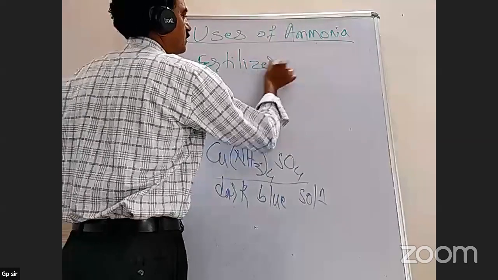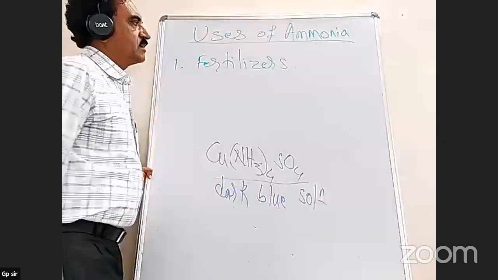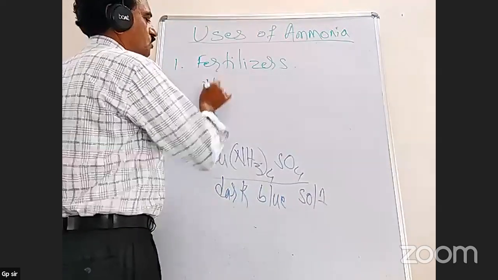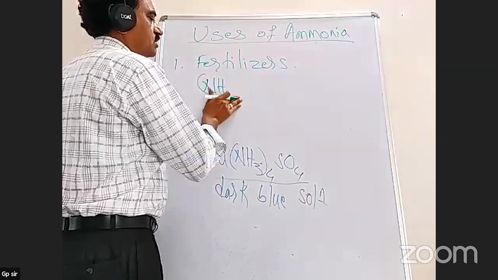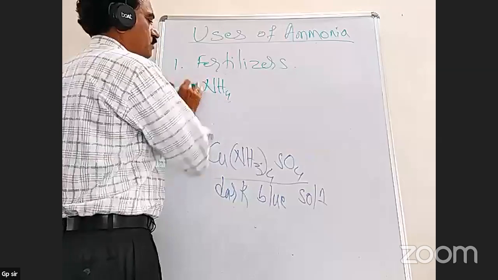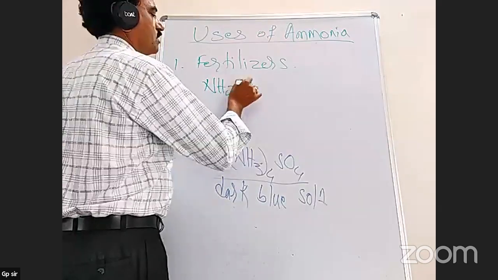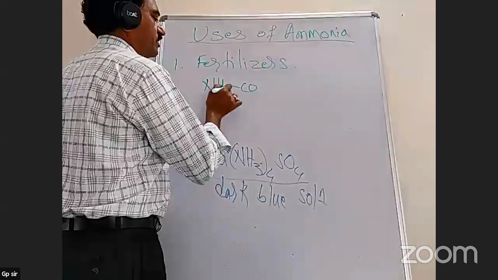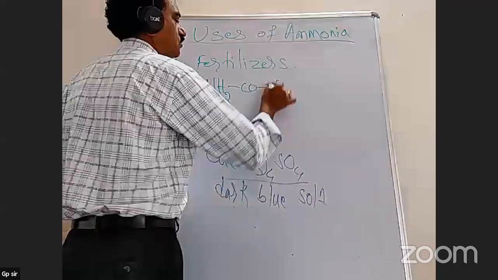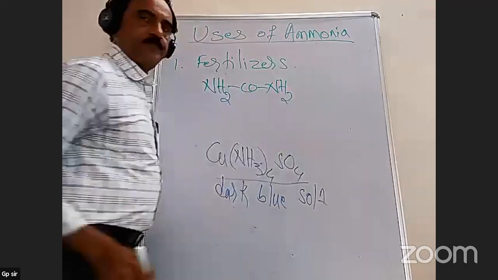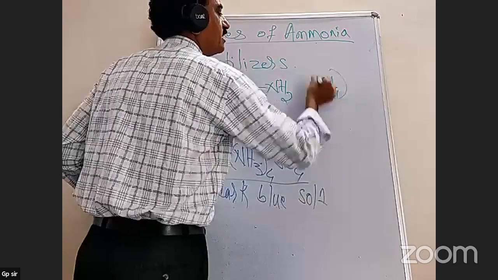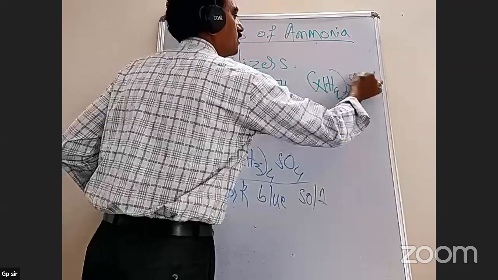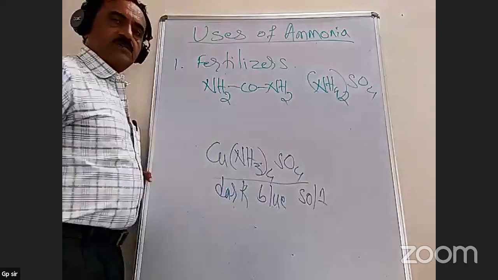The fertilizers include urea, which has the formula NH2CONH2, then ammonium sulfate, (NH4)2SO4, which is also used as a fertilizer.